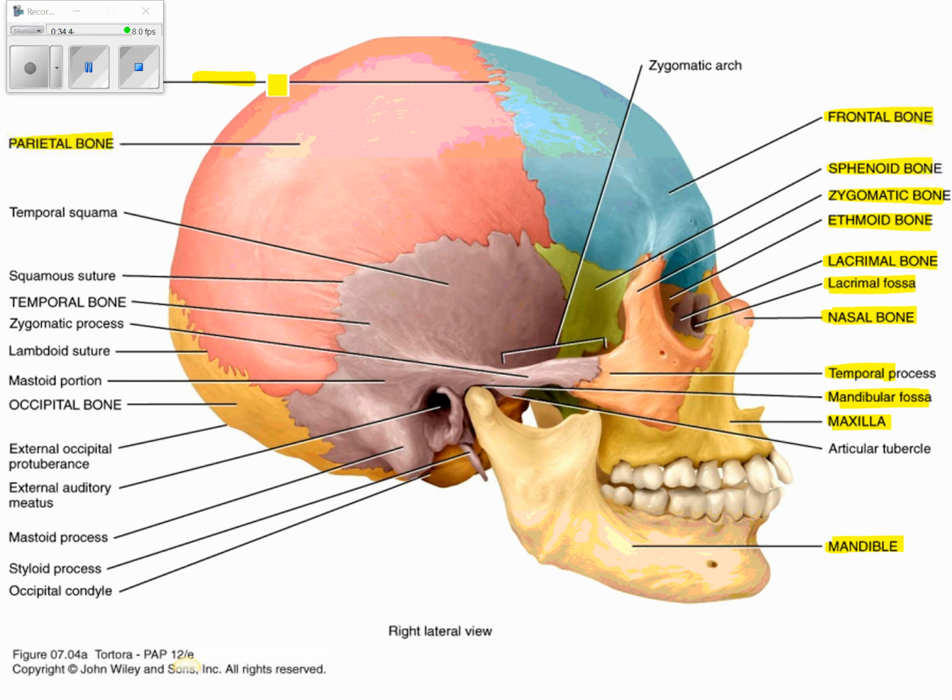Make sure you know the suture here. Make sure you know the squamous suture, your temporal bone, zygomatic process we'll talk about, lambdoid suture, occipital bone, external auditory meatus. You could also call that acoustic meatus, mastoid process, styloid process, and occipital condyles. You can see a little bit underneath there.